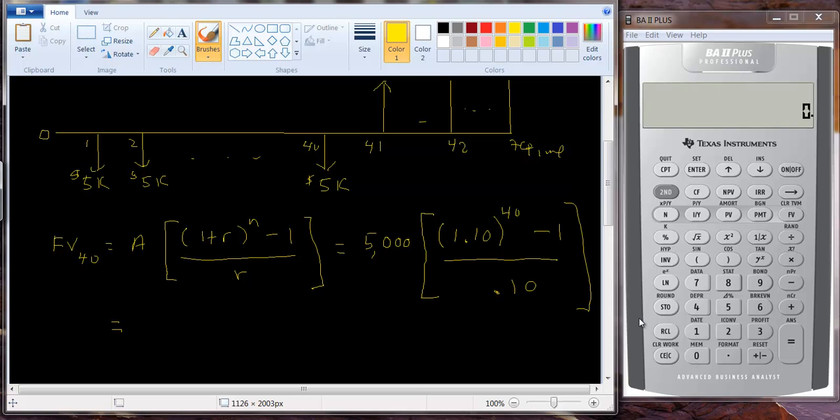We're going to have 1.1, and then again use the y to the x key to raise it to a power. Y to the x, raise it to the 40th power. Okay, minus 1, and then divided by 0.1. So we get 442.59 times the 5,000.